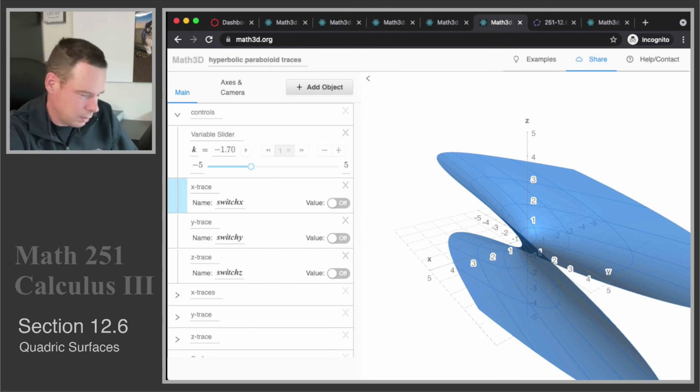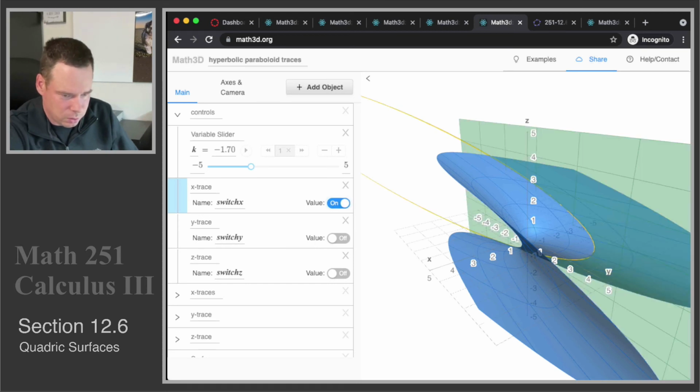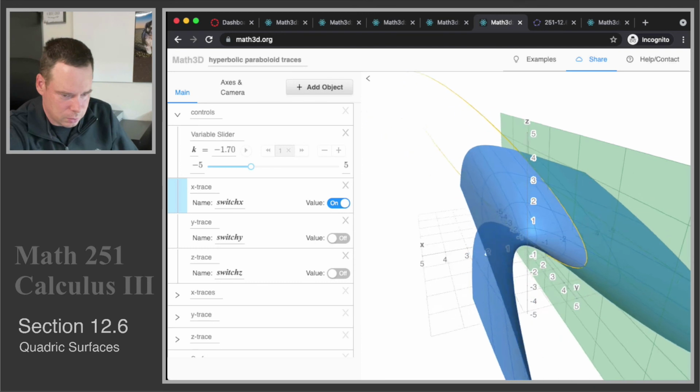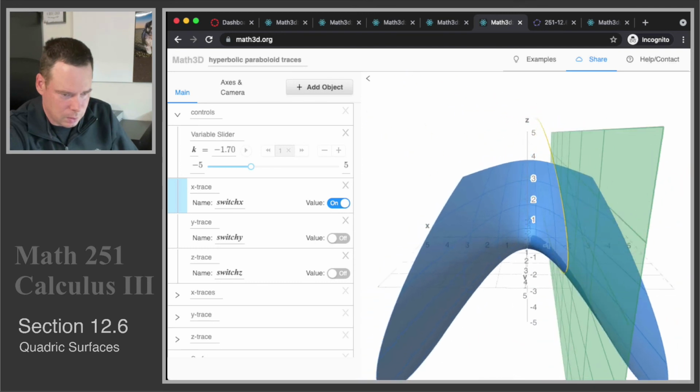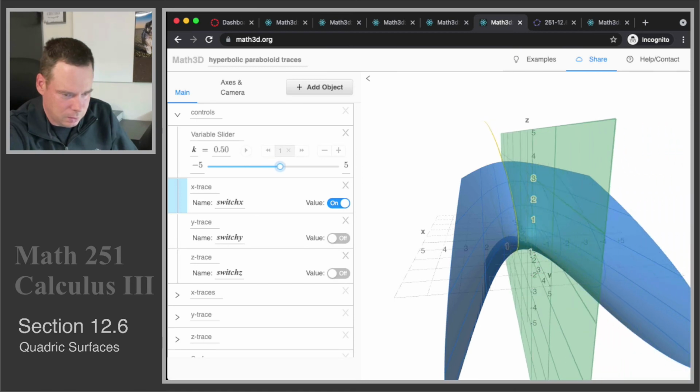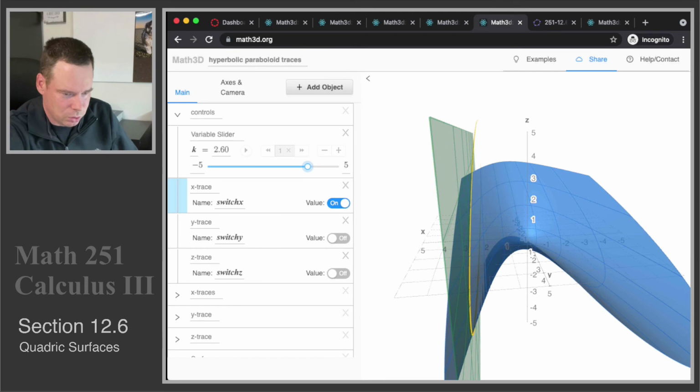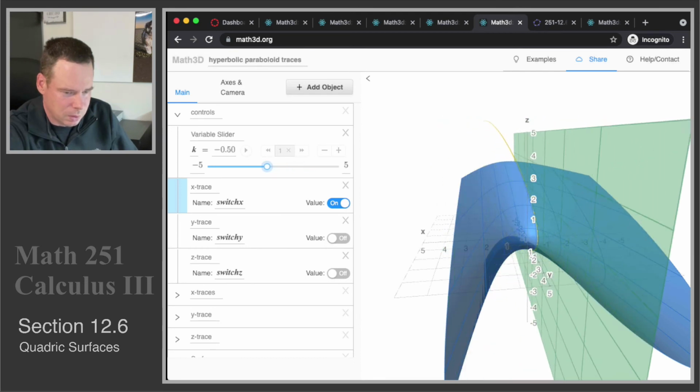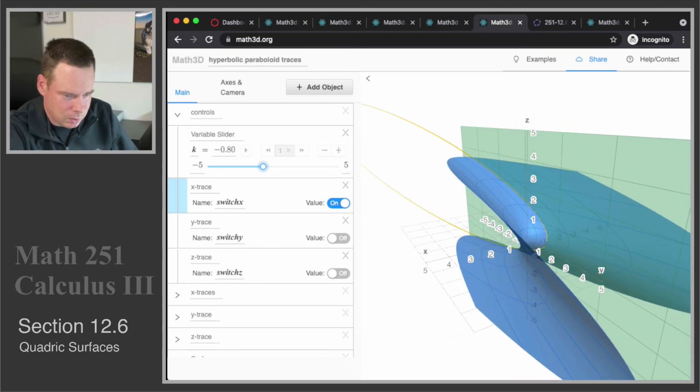I'll turn on our x direction. I've drawn a plane, and we're allowed to let that plane go through various x values given by k. So I'm letting this plane sweep over the surface. The intersection between them is given by this yellow curve.